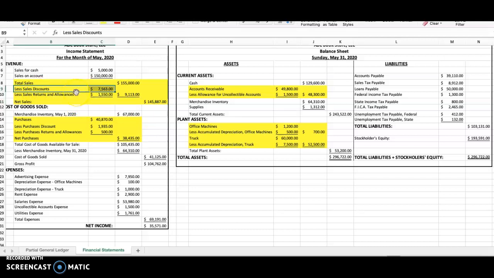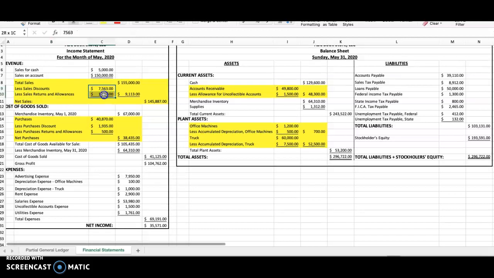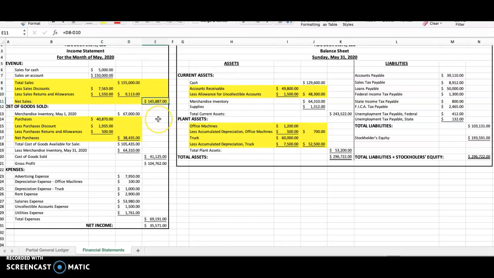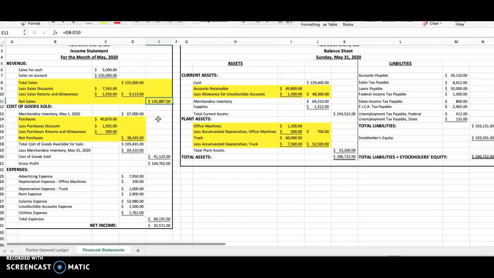So we give customers discounts if they pay early, perhaps, and sometimes things are returned to us and we give the money back, or we give credit to the customer, or we allow them to pay a lesser price. And that adds up to $1,550. These two are negative numbers subtracted from the 155,000. The two negative numbers add up to a bit more than 9,000, and then that gives us net sales when we subtract. So we've looked at that in the past.